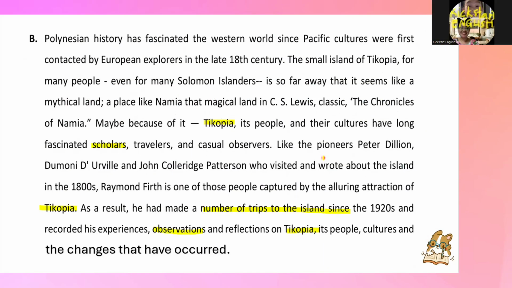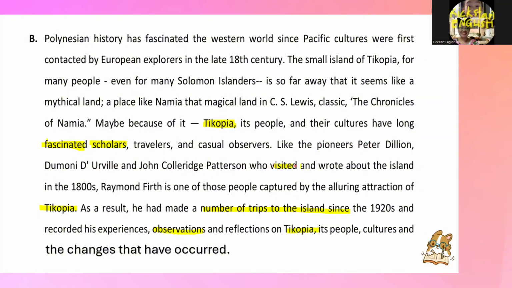So let's find out if scientists like to do research. Since we can't find the word scientist, let's focus on the word Tikopia. All right, so its people and their cultures have long fascinated scholars. So fascinate is one synonymous word for like.